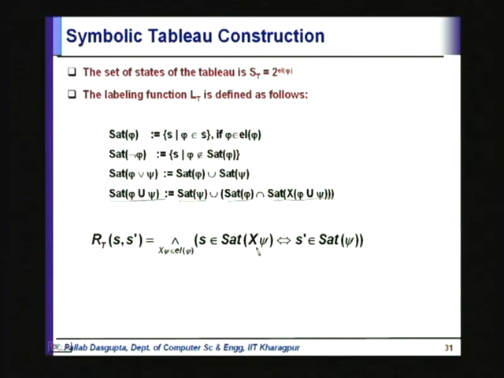So, from this state S to this state S dash, we will put a transition. Okay. Let us come back to this picture example and first understand what this means.